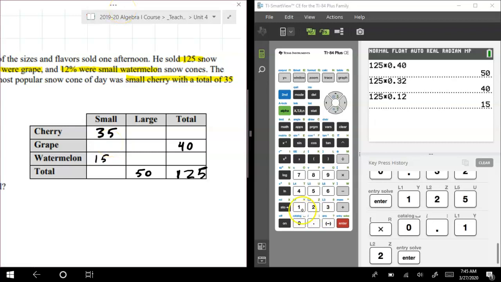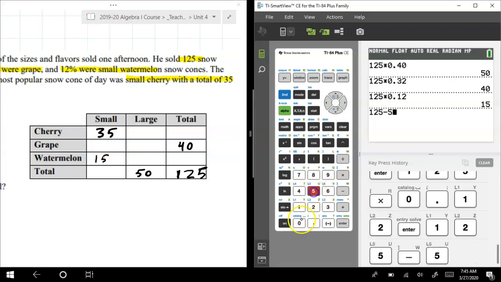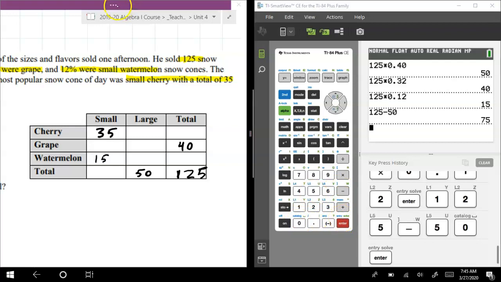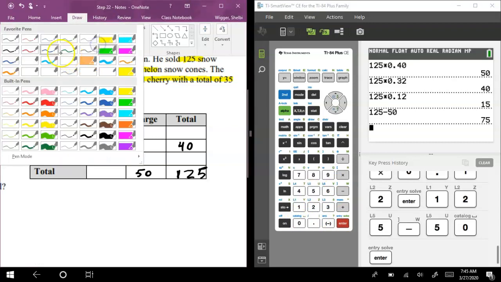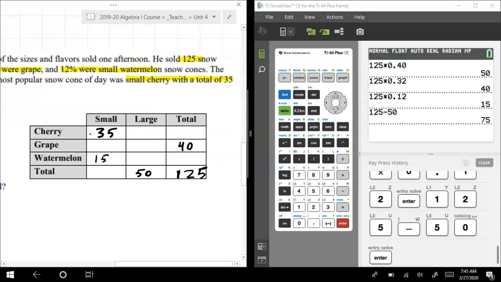Okay, so 125 minus 50 tells us that there were 75 small snow cones sold that day.